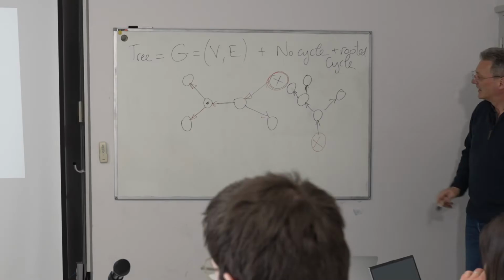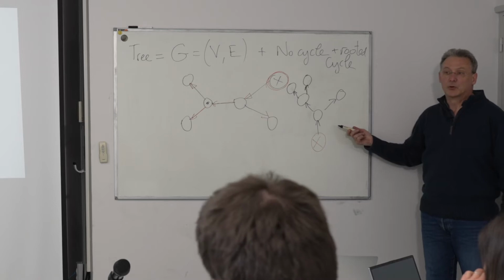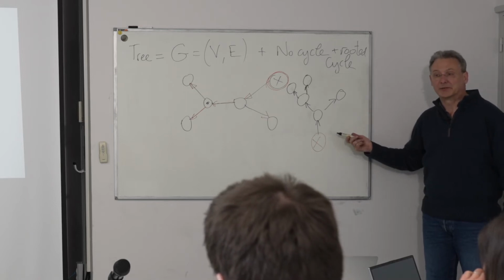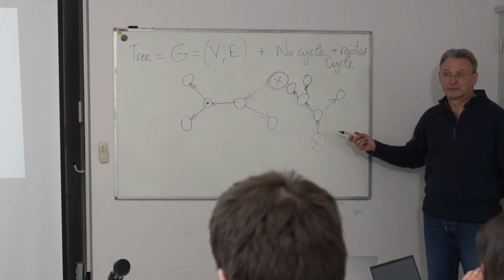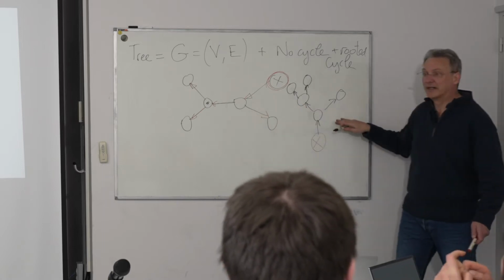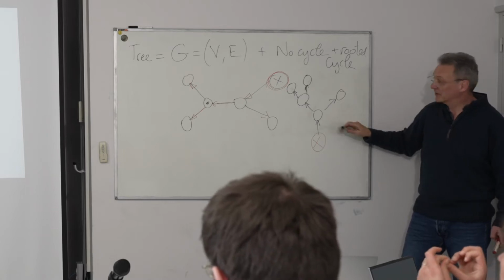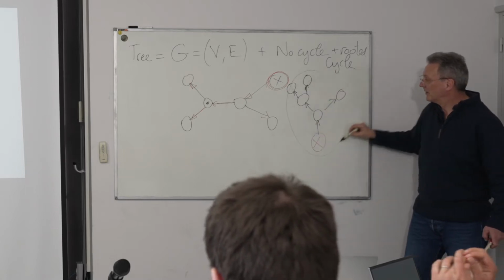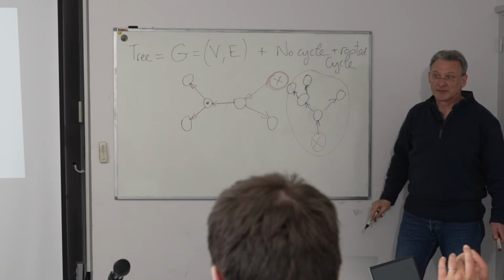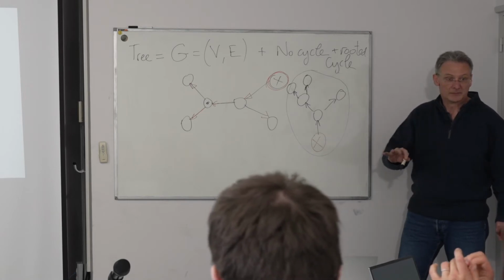Like this. And now I have a rooted tree, which is equivalent to a directed tree. So this and this are equivalent. And with plants, we are going to consider directed tree graphs, always.